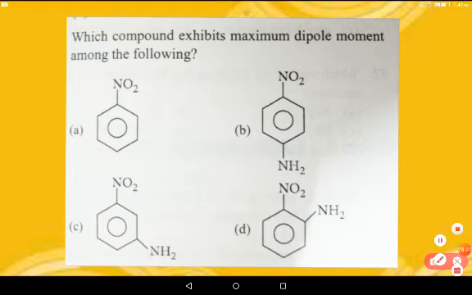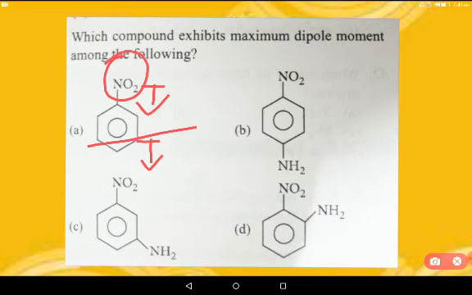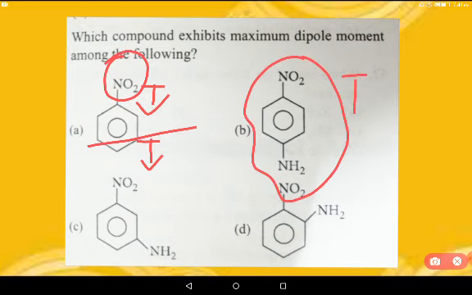So coming to the question, which exhibits maximum dipole moment? NO2, the direction of dipole will be like this. So the net dipole moment of this figure will be like this, contributed by only NO2. And in this figure, NO2's direction is this, towards the central atom or central molecule, and here it takes away from the benzene ring.